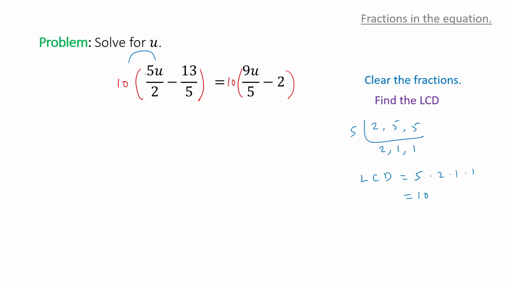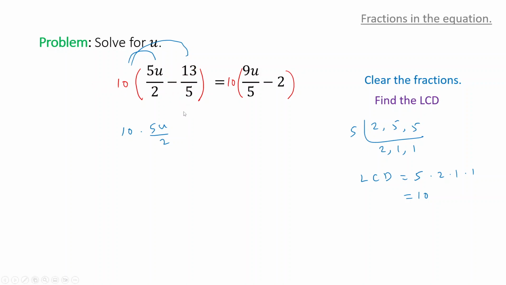Multiply this and this. This is a positive number. This is also positive. If you multiply, you will get a positive sign. 10 times this divided by 2, 5u divided by 2. Now multiply this and this. This is positive number. This is negative number.